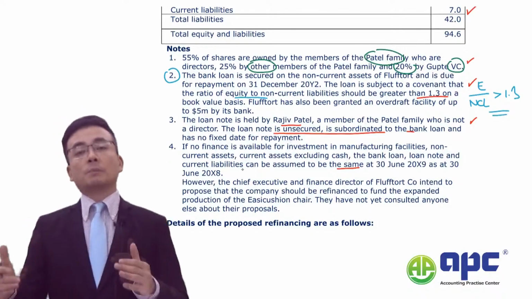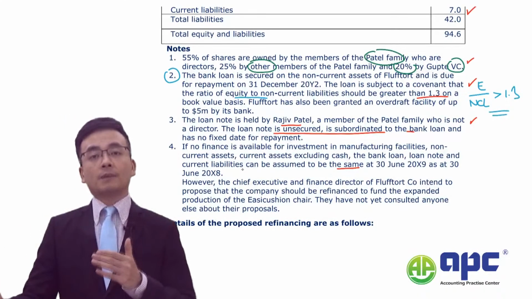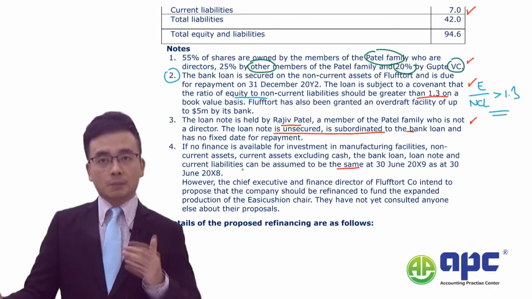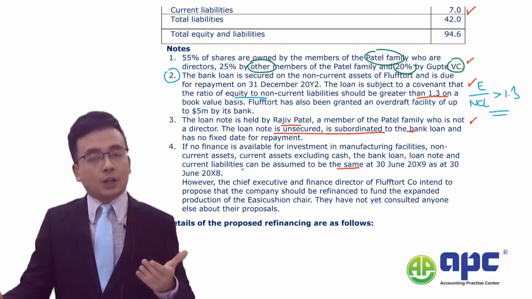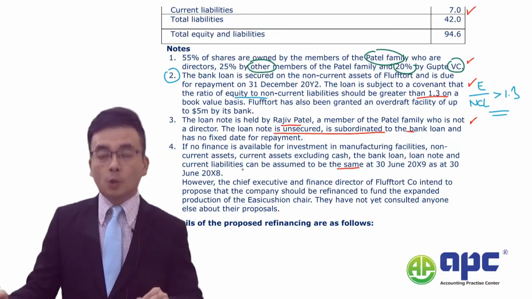So that's why you can be granted the overdraft facility. If you're breaching that, you cannot get the overdraft facility, or you need to repay the money back to the bank on demand.